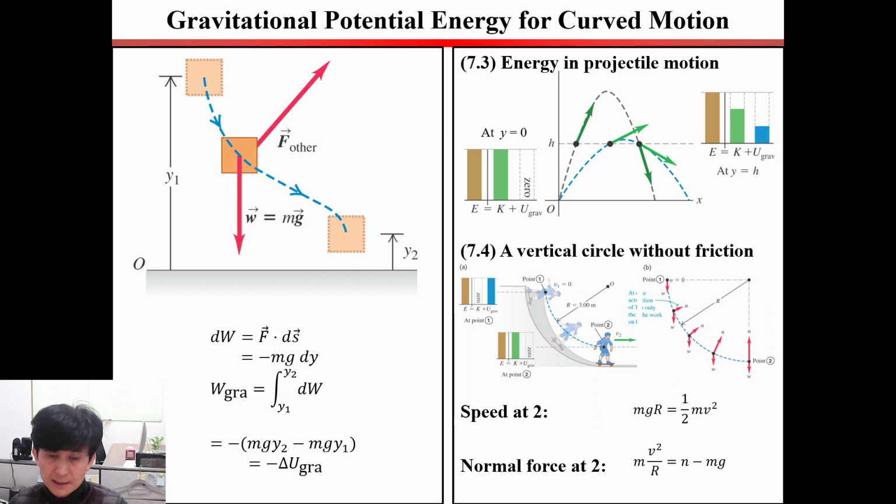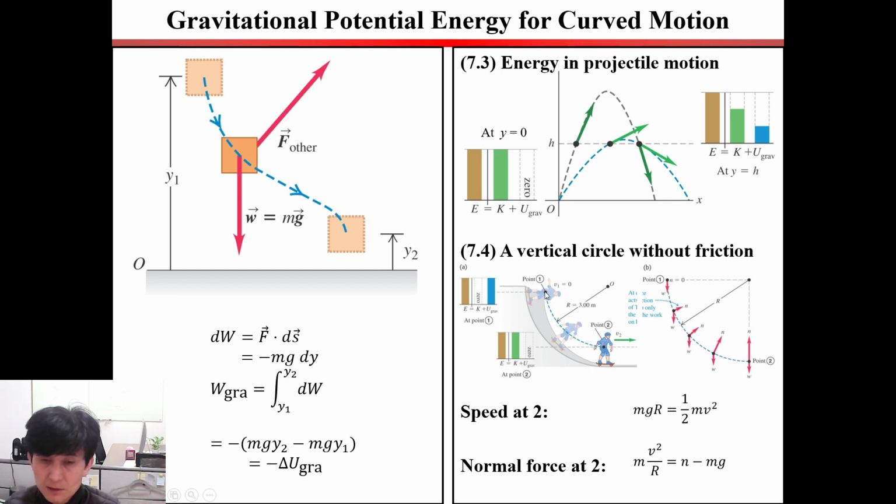So if it starts from zero velocity at the initial point, then there is only potential energy, so total energy should be mgr if the radius of this curvature is r, and if it starts from the horizontal position of this circle, parallel to the center of the circle, and if this person falls to the vertical position with respect to the center of this circle, then we can calculate that the potential energy difference will provide a kinetic energy difference between the person at the top and the person at the bottom.